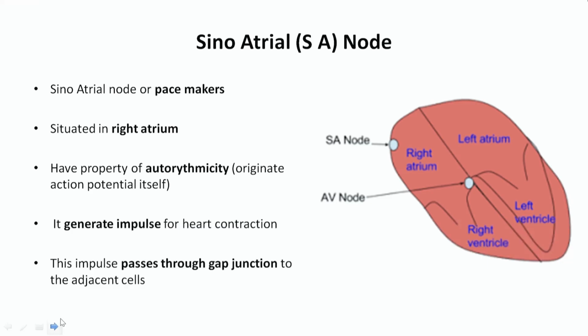The sinoatrial node is situated in the right atrium and generates the impulse for heart contractions, and these impulses pass through the gap junctions to the adjacent cells. So the sinoatrial node is called the pacemaker of the cells.